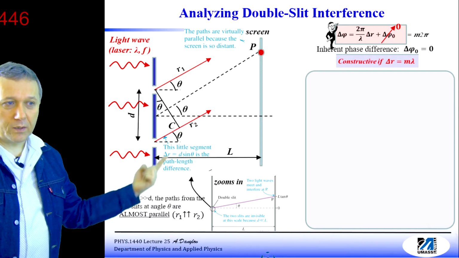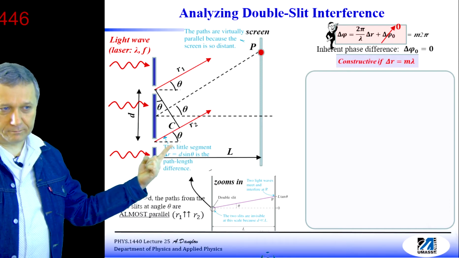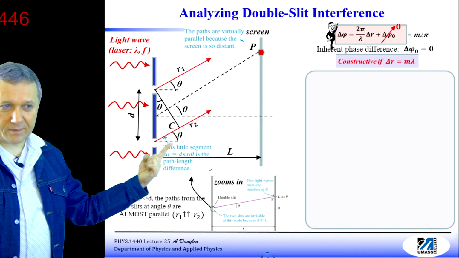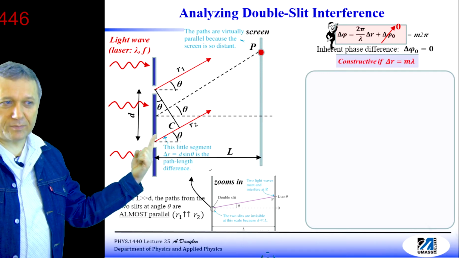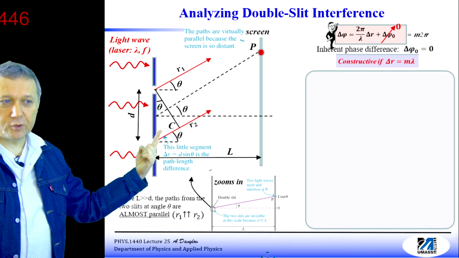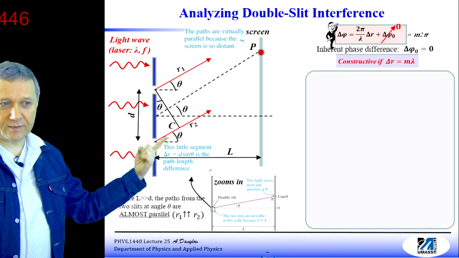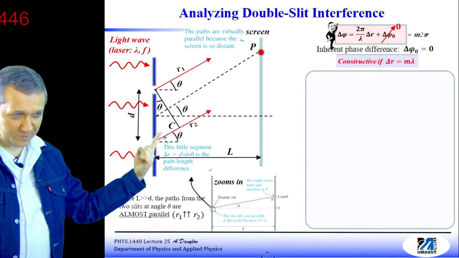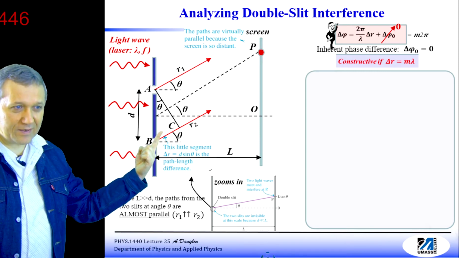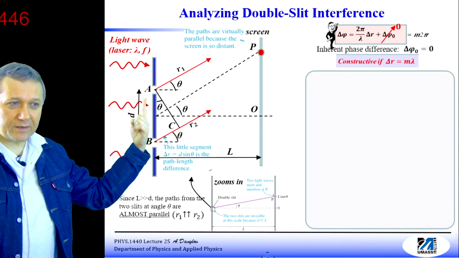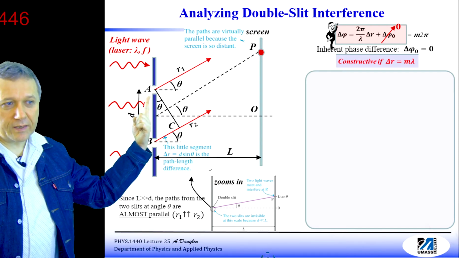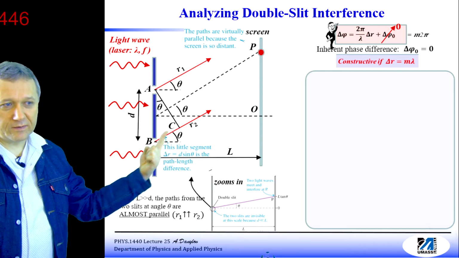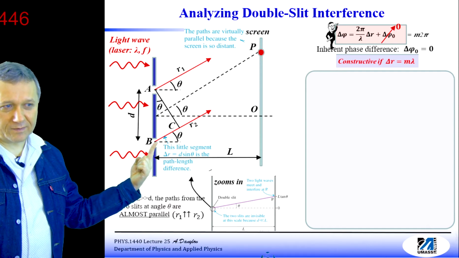How come? You see this angle? It's theta, right? And this angle complements this angle to 90 degrees. So if this is theta, this must be 90 minus theta, right? Then again, looking at this triangle A, C, B, this triangle.